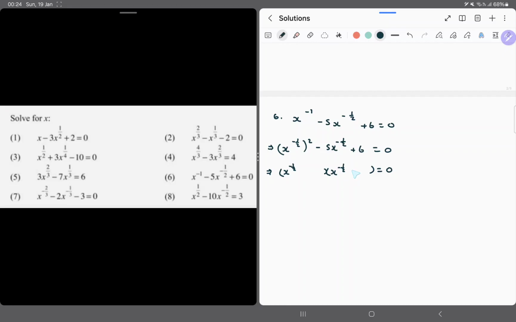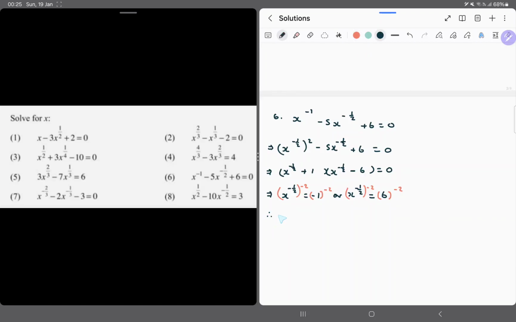Alright, factors of 6 here, it's going to be just minus 6 plus 1. So this implies x to the minus a half is equal to minus 1, or x to the minus a half is 6. So obviously, to get sorted here, we're just going to take it to minus 2 there, and that's all we're going to do.